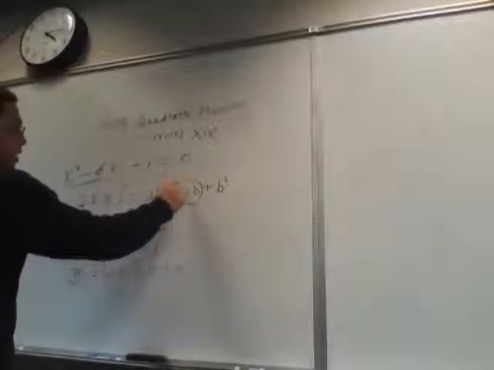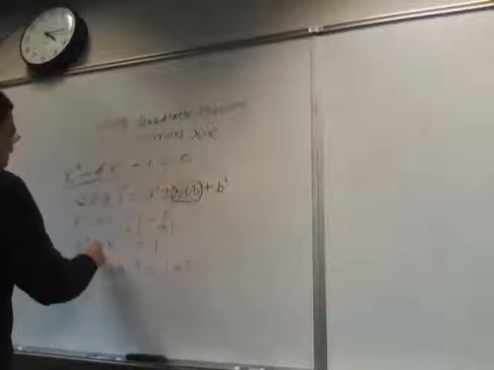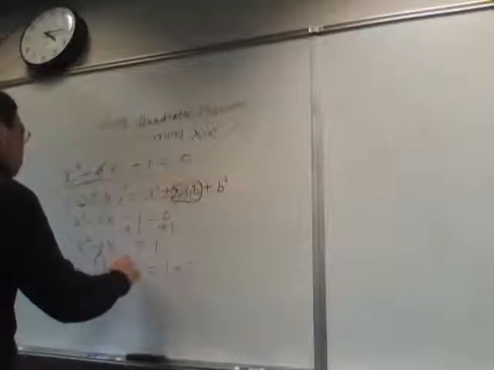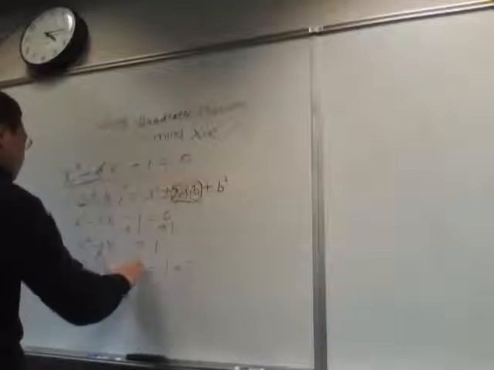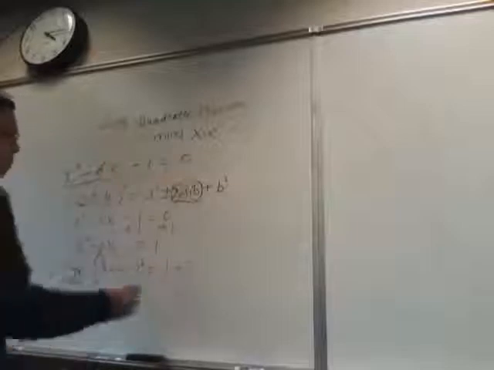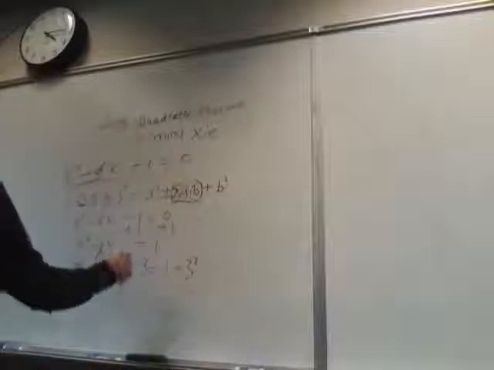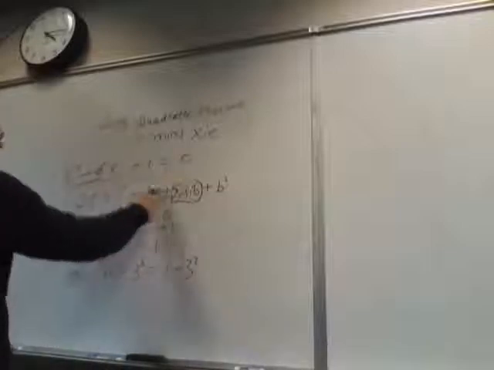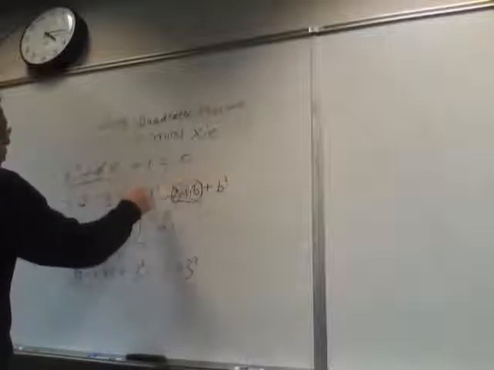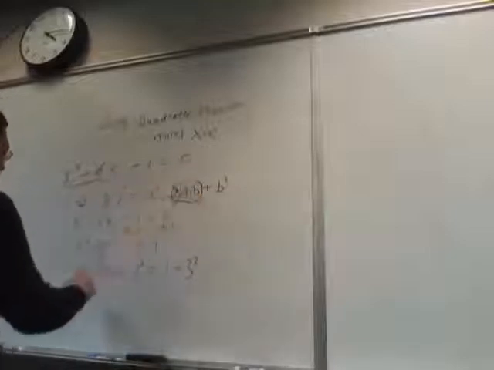We know a here, but we don't know b, so if we use this formula, we can try 3 squared, right? So to both sides we add 3 squared. So a minus b squared equals a squared minus 2 times a times b plus b squared.